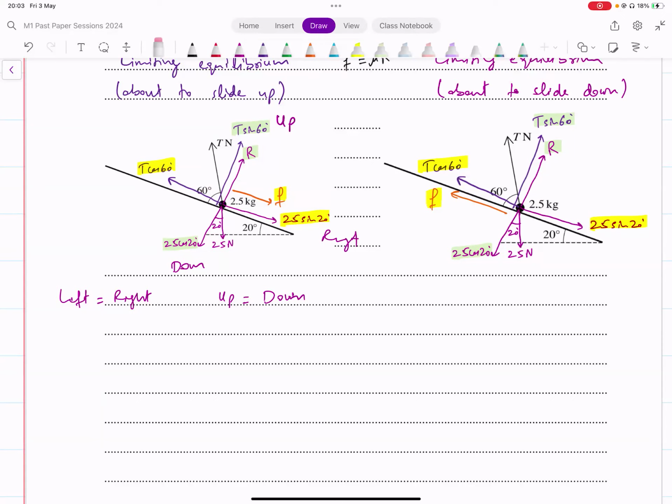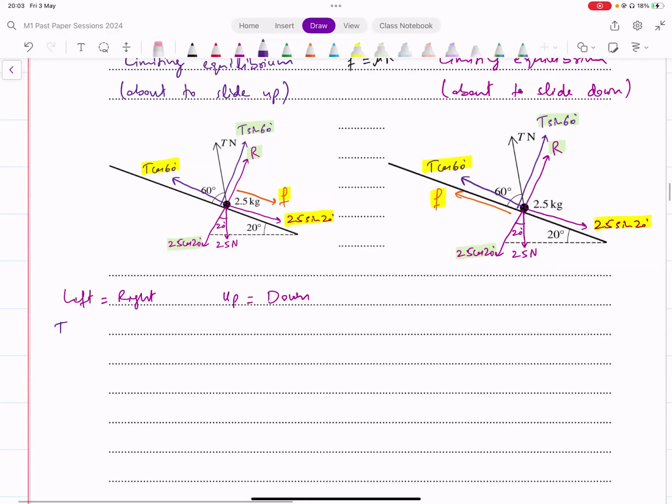Since it's equilibrium, we are equating the opposite forces. Forces acting towards the left: T cos 60. On the right: F plus 25 sin 20. Forces acting upwards: T sin 60 plus R equals 25 cos 20.